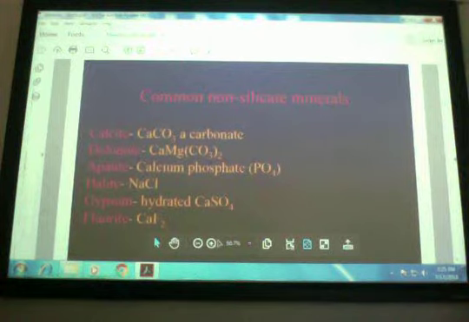So we have a nice orthoclase, you know, an orthoclase that is then a K-feldspar.